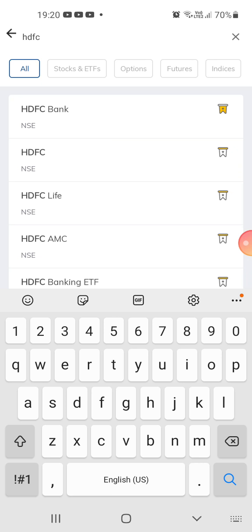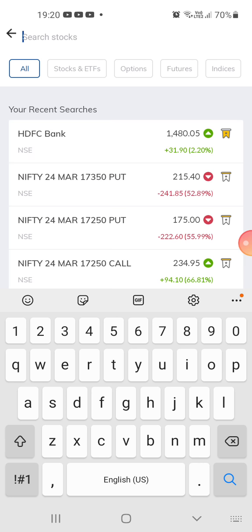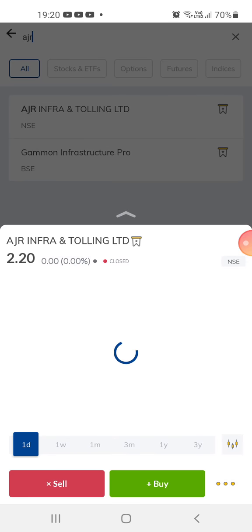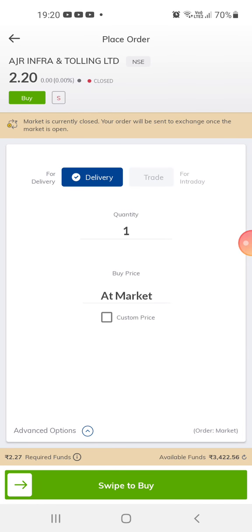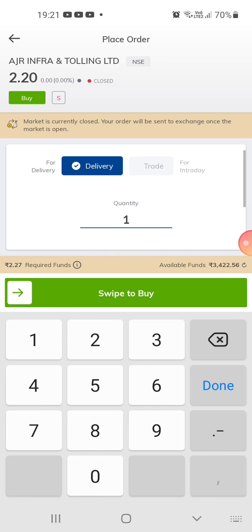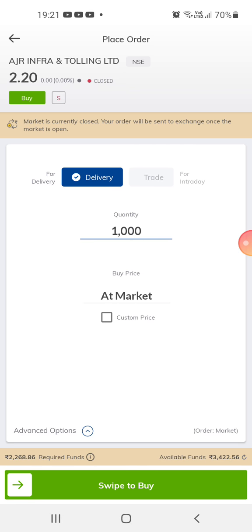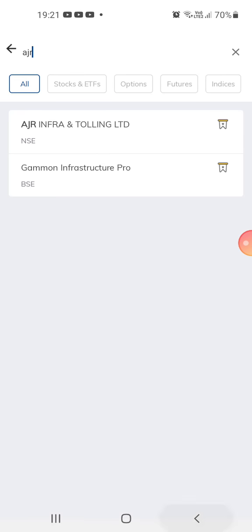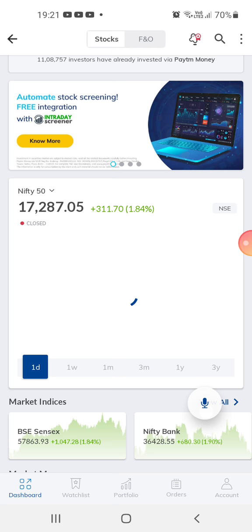If you are interested in a penny stock, I've got this one penny stock here, AGR, so you buy this. The price is 227, you can buy about 1000 or 10,000. So a lot of options are there, you can work it out.